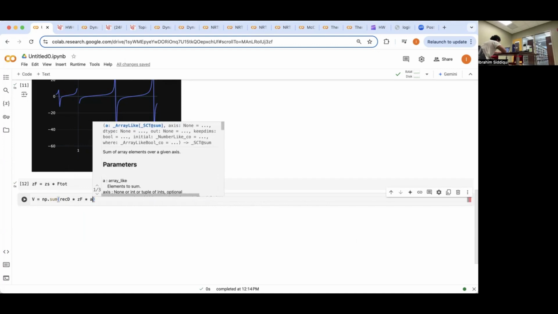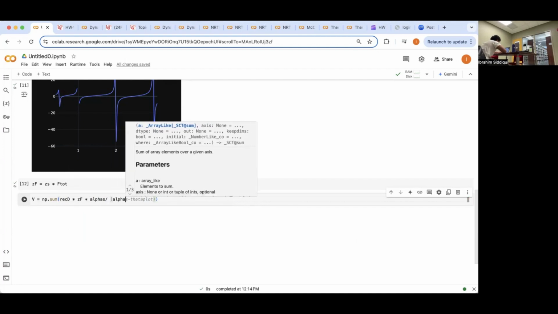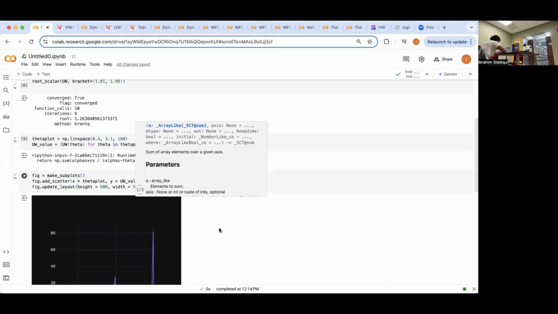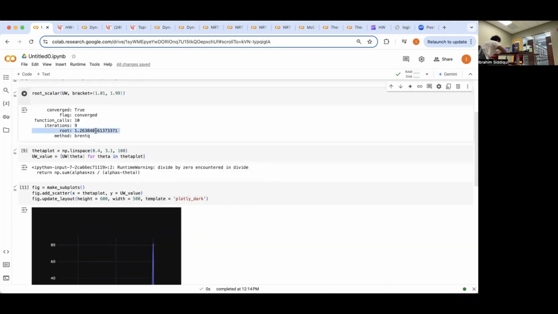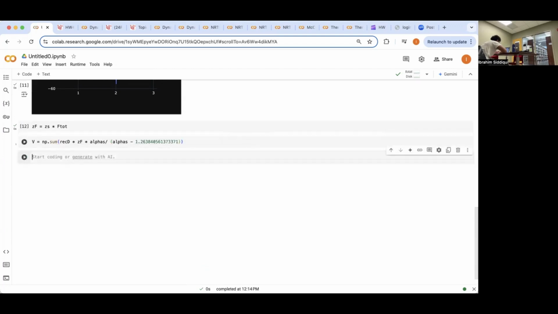This is also going to be multiplied by our alphas. And what we're going to want to do here is divide this by our alphas. And again, now we're looking back at our root function. So it'll be alphas minus what we had for this right here. So let's go ahead and take that and we're going to import it. Okay. Let's go and shift enter it.